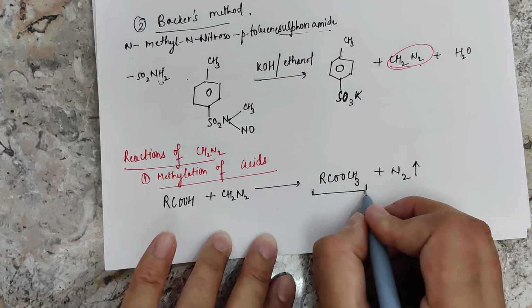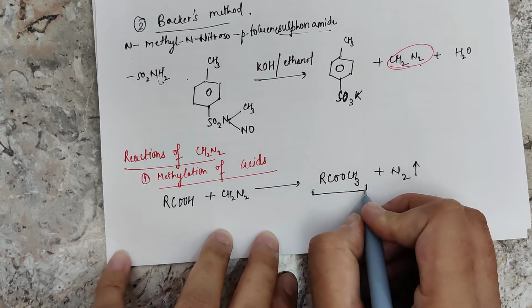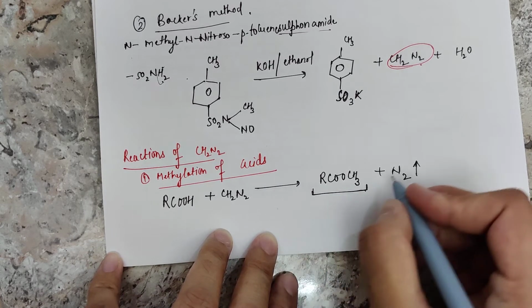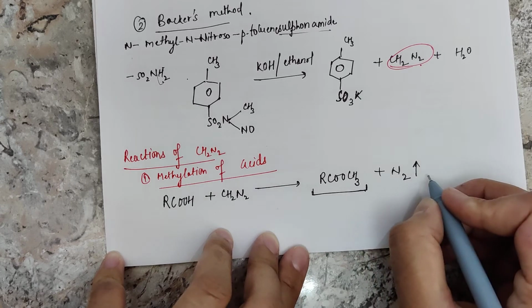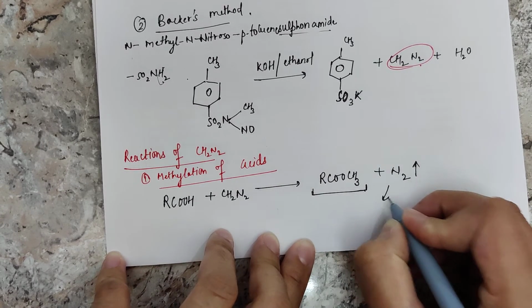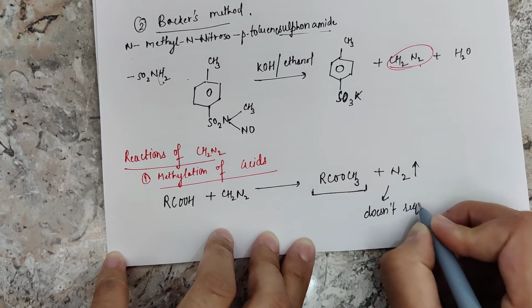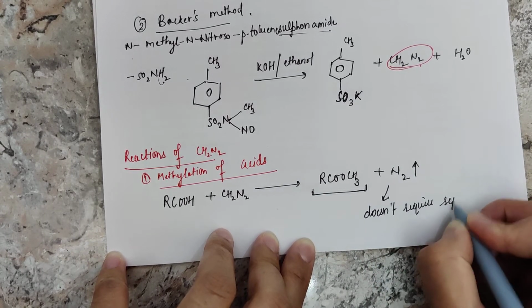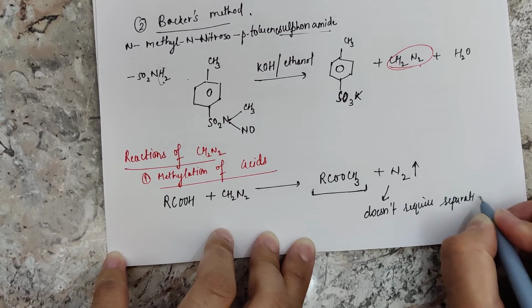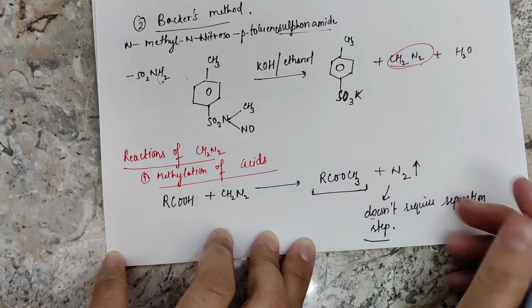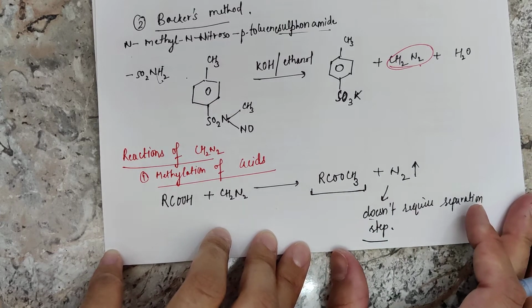Product में सिर्फ आपको ये मिलेगा. And the best part about diazomethane is you are getting only one product. तो नाइट्रोजन सेपरेशन भी नहीं करना पड़ रहा. वो अपने आप से एलिमिनेट हो जा रहा है रिएक्शन मीडियम से.